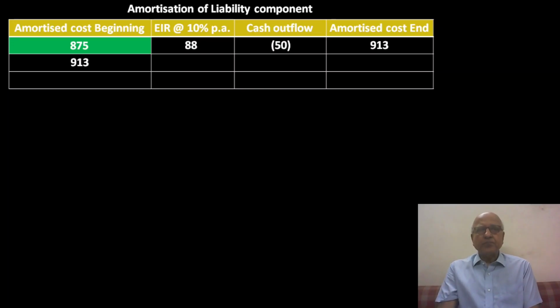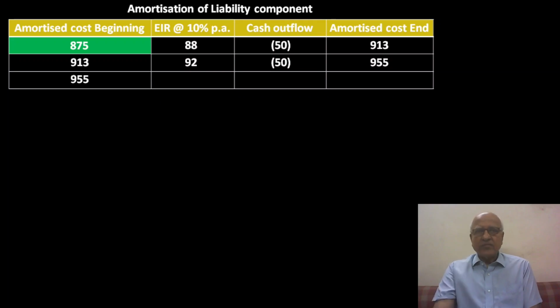That becomes the opening balance. Same process we follow. We apply 10% on 913, coming to 92. Interest paid 50. Closing balance becomes 955. 913 plus 92 minus 50 comes to 955. That is the closing balance.